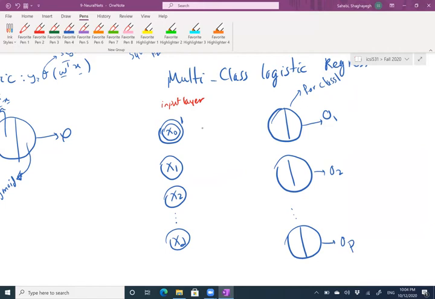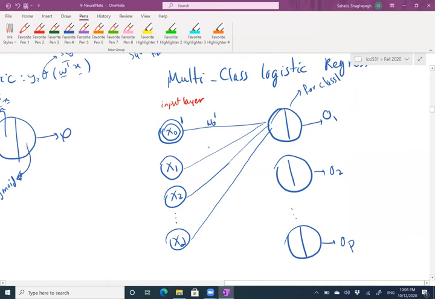So for example, for class 1, I'm going to have W0 for class 1, W1 for class 1, W2 for class 1, until WD for class 1. For class 2, I'm going to have all of my input layer connected to class 2 with different weights.